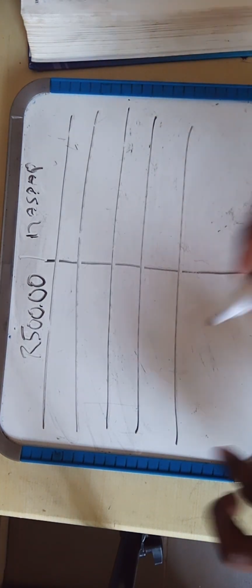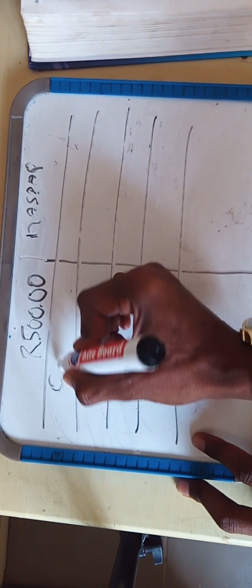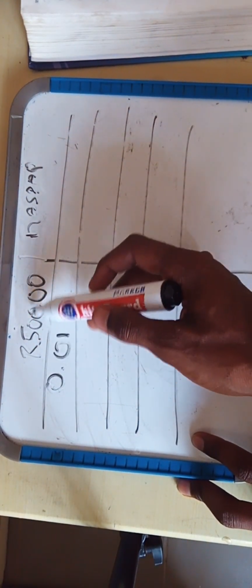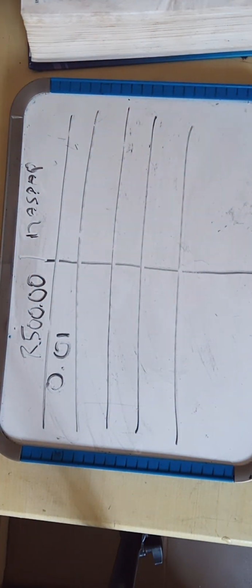The first trader will decide to use a 0.01 lot size on his or her account. Remember, all of the traders have 500 rand in their actual account. So this is the question that I always receive. Students will ask me, how come that trader made so much money, but I just made little money, right? So I'm trying to answer that right now.